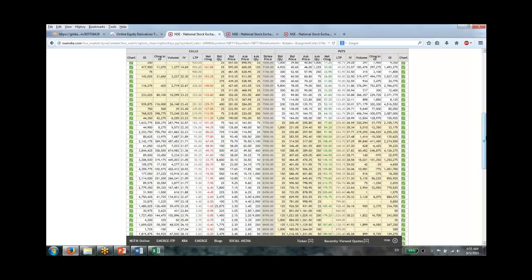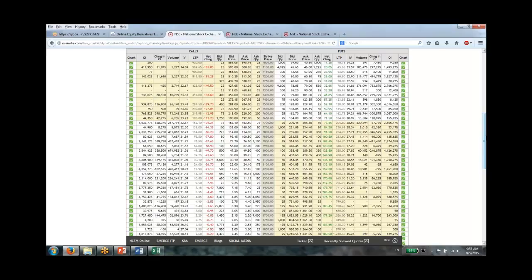Now, generally, what happens when the price of the underlying asset goes up? What happens to the price of the call? The price of the call goes up. But what happens to the price of the put when the underlying asset goes up? The price of the put falls down.